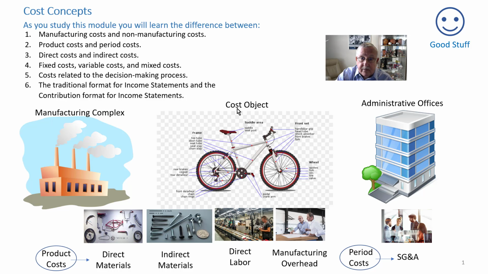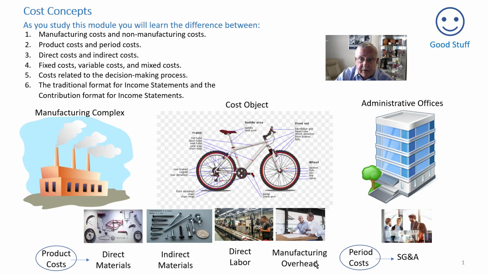For Trek, the cost object is the bicycle. That's what they're building. That's what they want to determine the cost of. The costs to make a bike are called product costs. And those product costs include materials, labor, and manufacturing overhead.